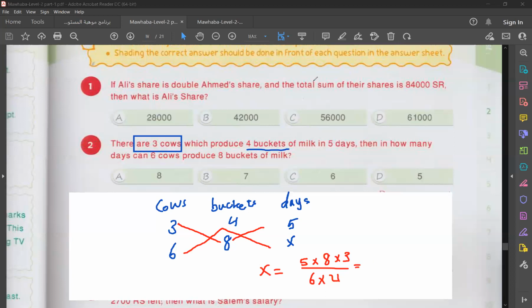Look here. Now, how do I do with this problem? We simplify. By 4 it's 2. By 4 is 1, right? Also, we divide it, simplify. By 3 is 1. By 3 is 2. And we multiply 5 times 2, it is 10, divided by 2. So the answer is 5.